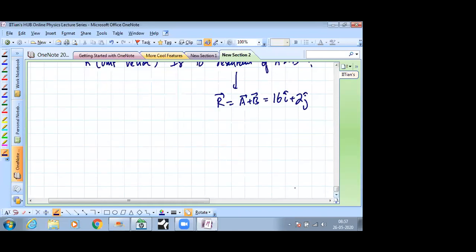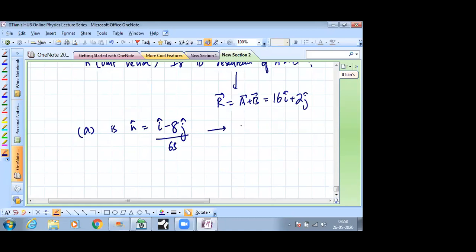Now, given these options, we will have to back calculate. Is n cap... So option A is this unit vector: i cap minus 8j cap divided by 65.